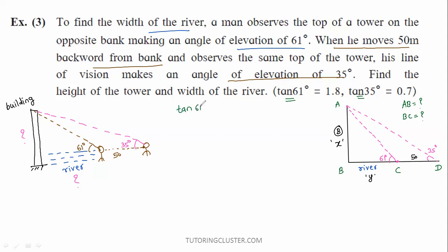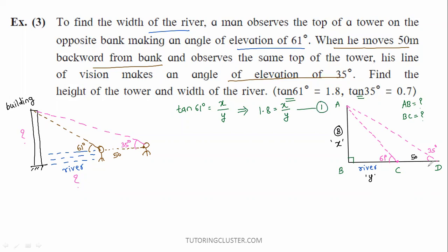Tan 61 degrees is equal to opposite side AB, which is X, divided by adjacent side BC, which is Y. So tan 61 is 1.8, which is equal to X upon Y. This is your first equation.